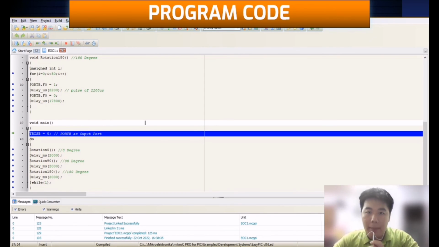When we start, the servo motor will move to 0 degrees, and after 2 seconds the servo motor will move to 90 degrees. Then after 2 seconds the servo motor will move to 180 degrees, and after 2 seconds the servo motor will move back from 180 degrees to 0 degrees and repeat it again.